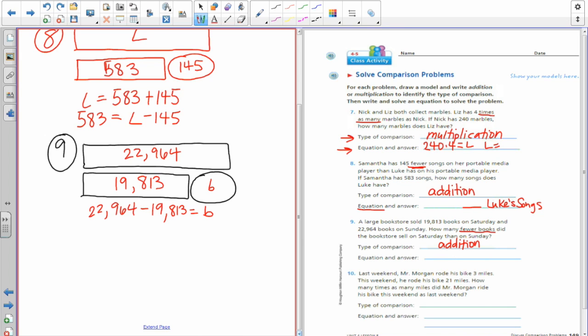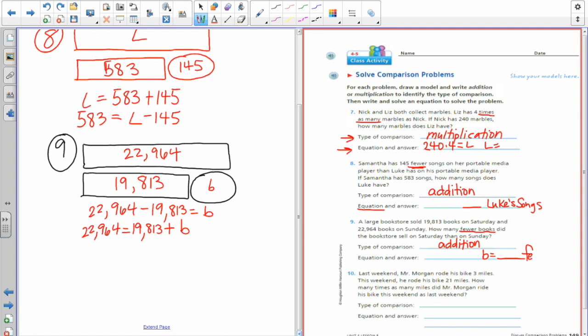Another way it could be written is 22,964 equals 19,813 plus those smaller amount of books. So on your form for number 9, I'm looking for how many fewer books were sold on Saturday?